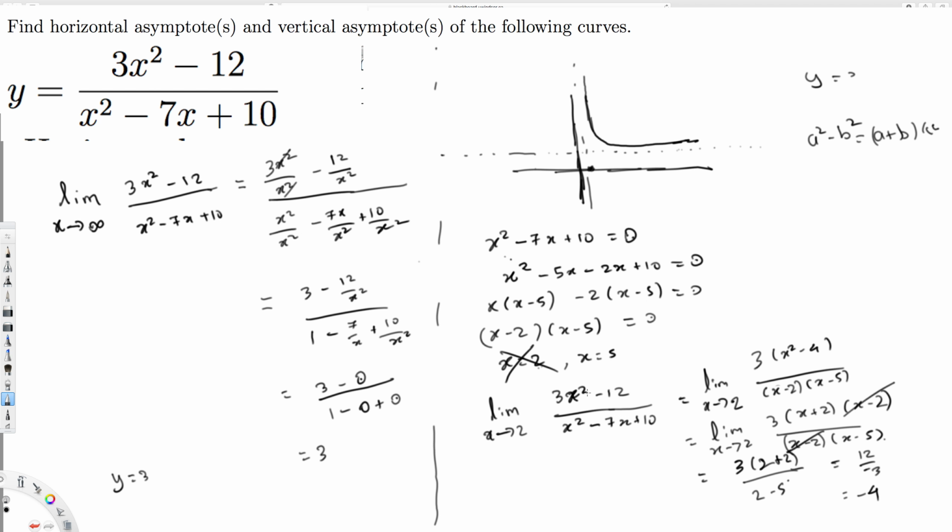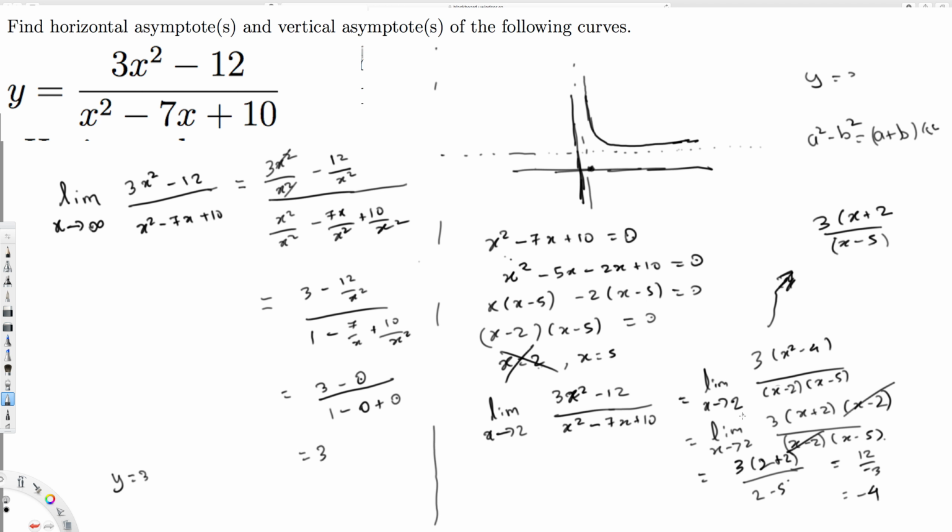Now we have to check with the other value. You're going to follow the same pattern, and instead of 2, you are going to substitute 5. You have to show all the steps, but to reduce the time, I'm going to simply use this formula right here: 3x plus 2 over x minus 5.